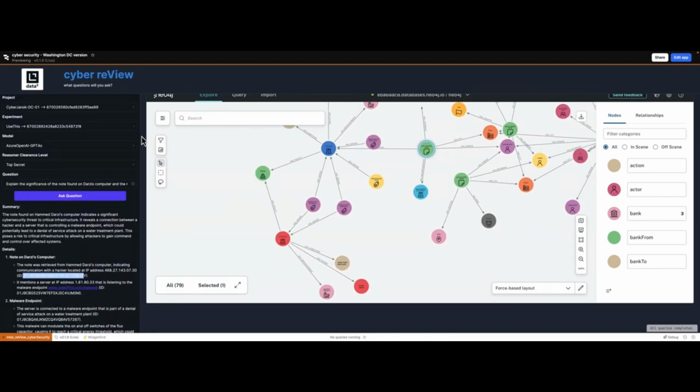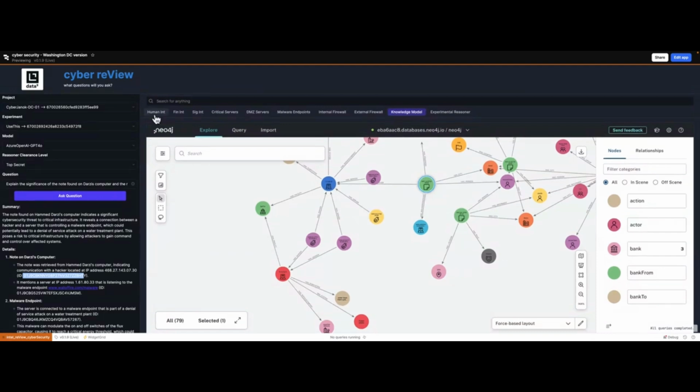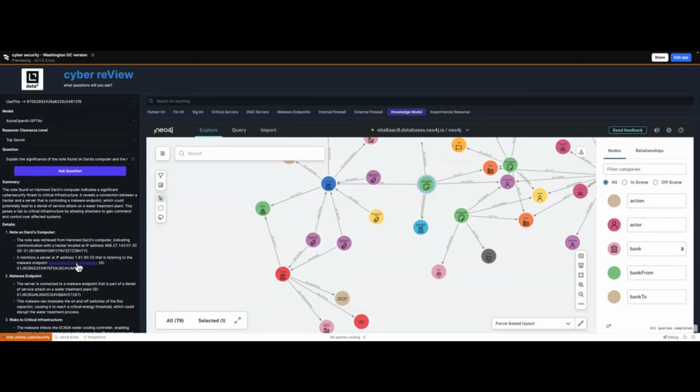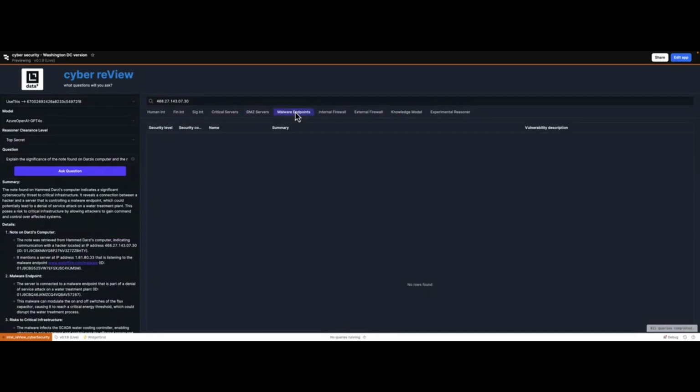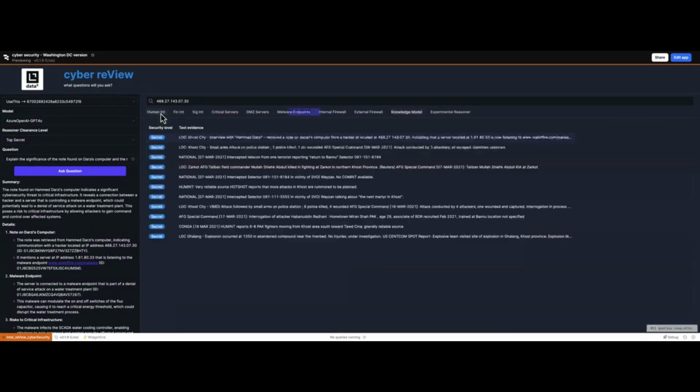If I go back to the top here, inside the system, you can check things like, for example, let's say I want to know a little more about this IP address. I can copy it. I could just ask another question, summarize that IP address, but I might want to check the source data as well. So I'm going to put that IP address up here, and I can go through these different pieces of information and see where else this is being mentioned.